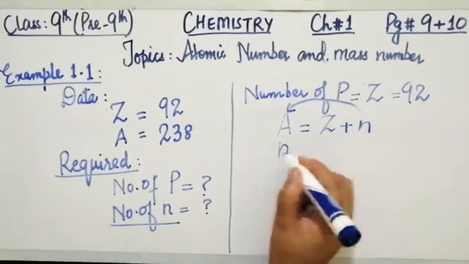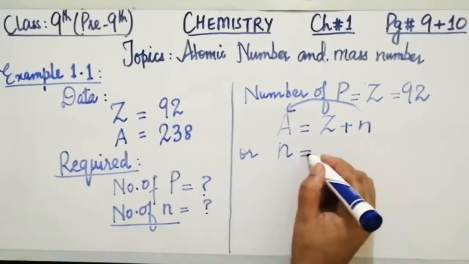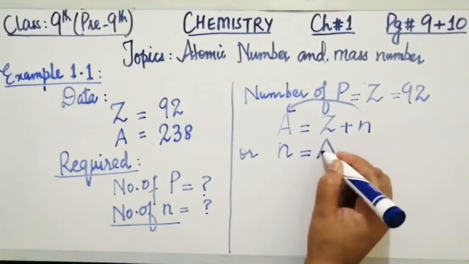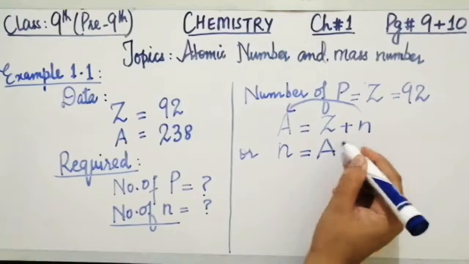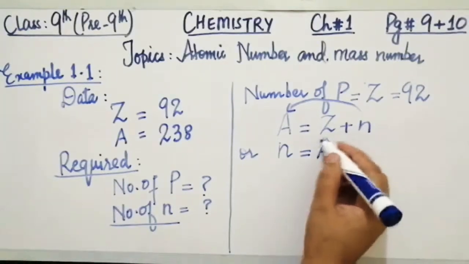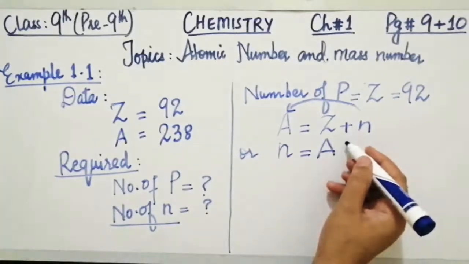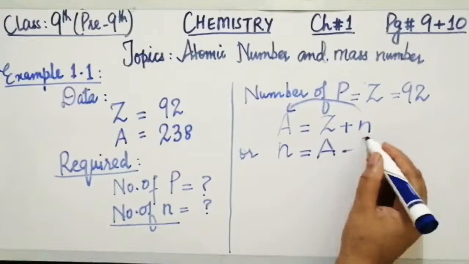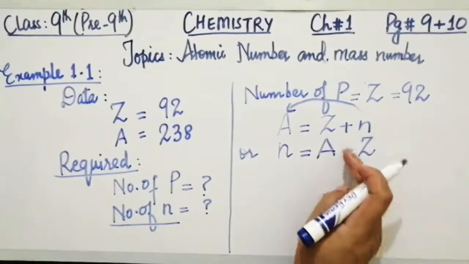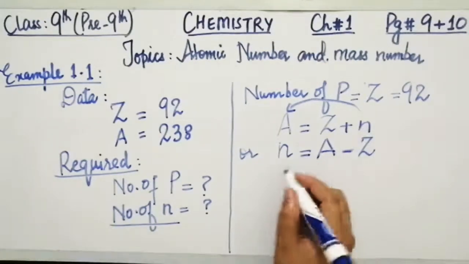So the number of neutrons is equal to A, the mass number, minus Z. The plus sign indicated that these quantities were being added before. Now they are subtracting. Clear? So the sign will be changed, instead of plus, it will be minus.